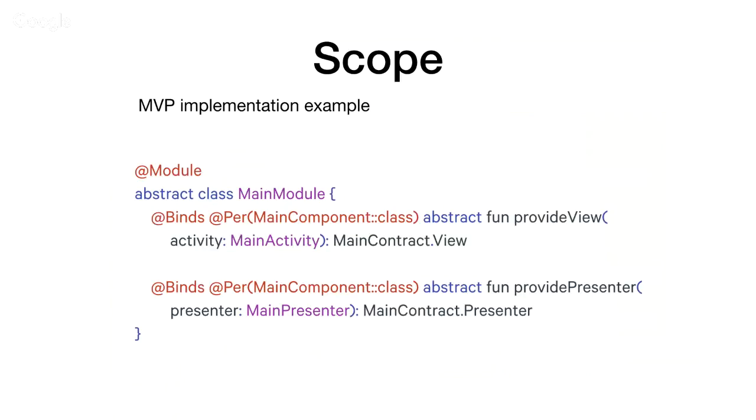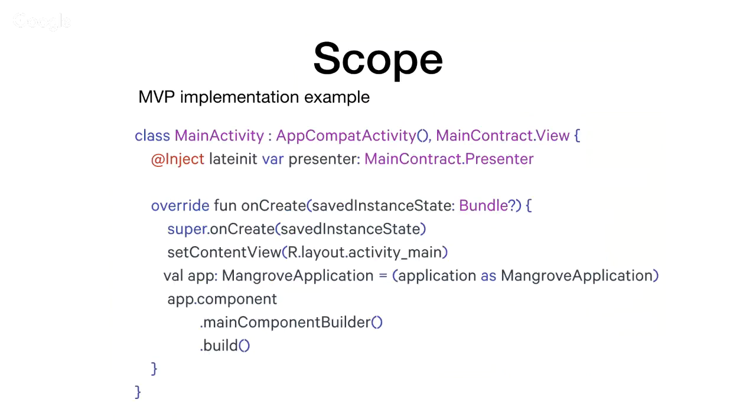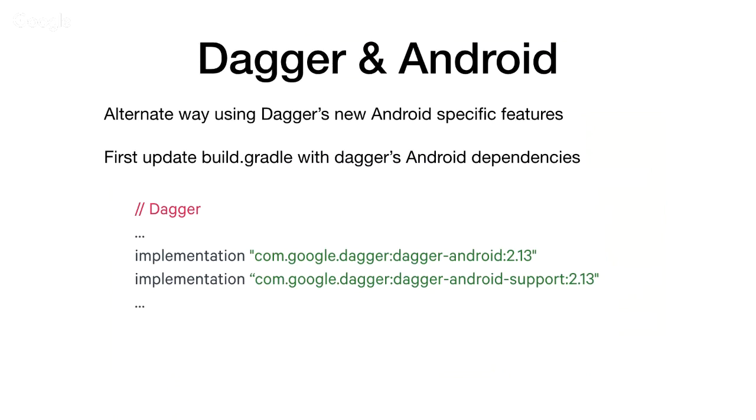Because otherwise, the provide view method wouldn't know where activity is coming from. So you have to provide it, just like before with the component builder. But yeah, I wish I'd fixed that slide. But it doesn't really matter because I wouldn't do that anymore anyways. Great that I talked about that all though.